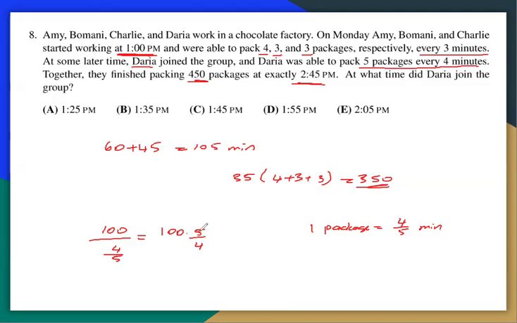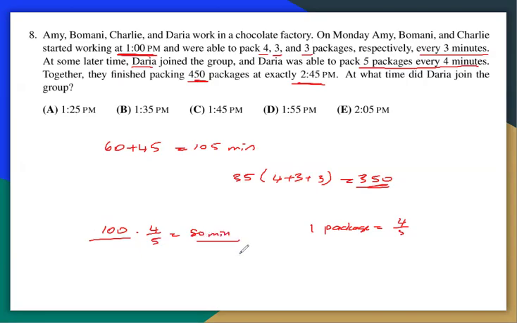I'm not sure why, but this has to be multiplied by 100. Okay, so 1 package should take 4/5 minutes. We do have the 100 packages, so we multiply this by 4/5. That should be 20 times this, which will be 80 minutes.